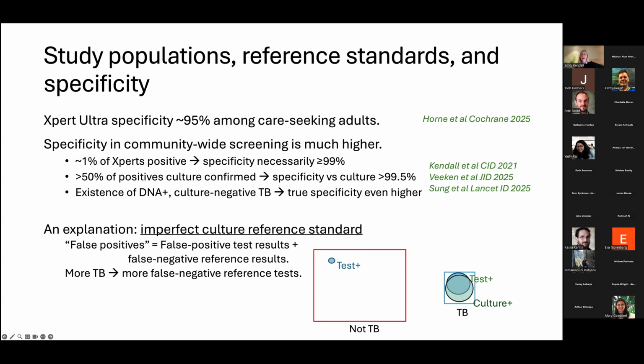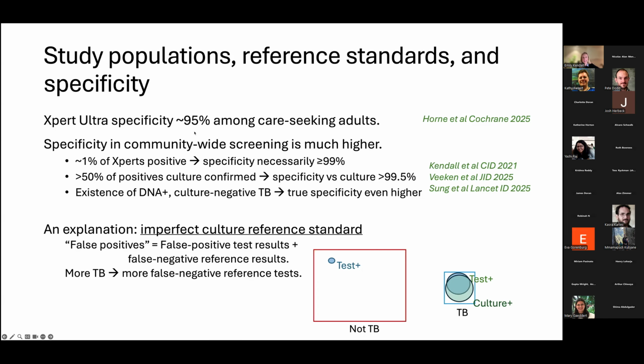And then lastly, thinking about the selection of study populations and reference standards and how that affects specificity. I mentioned that we would think a little bit more about the specificity of Xpert. In the most recent update of a Cochrane systematic review for Xpert Ultra, its specificity for pulmonary TB among care-seeking adults is estimated around 95%.